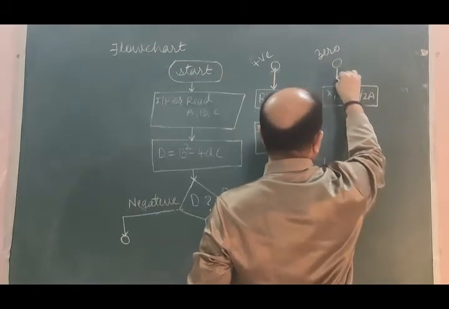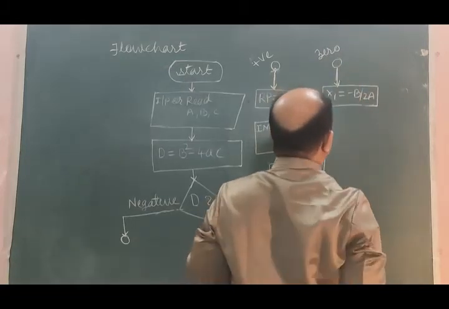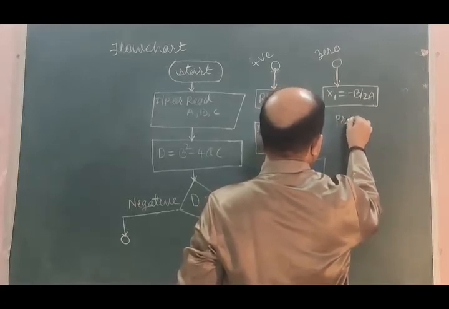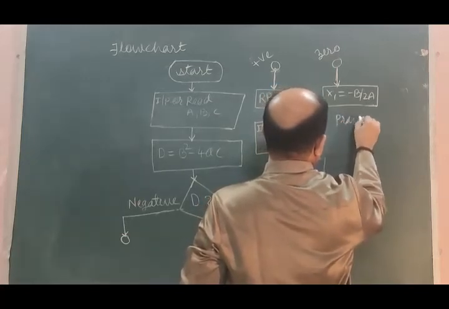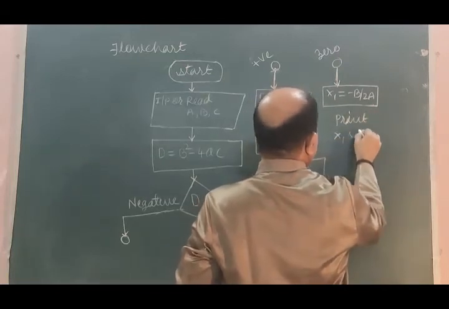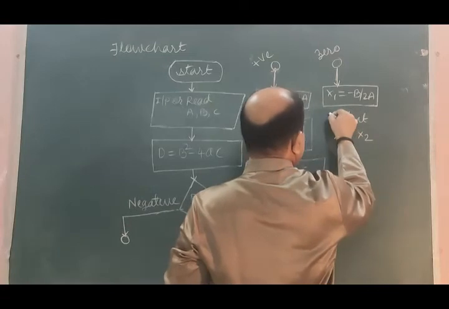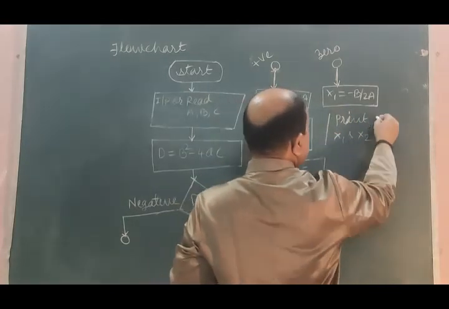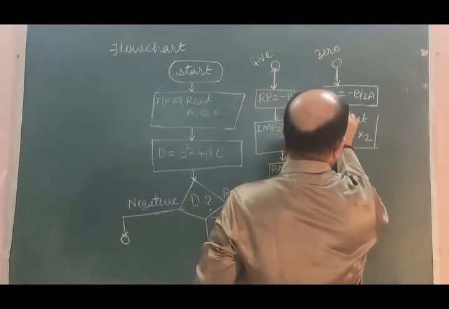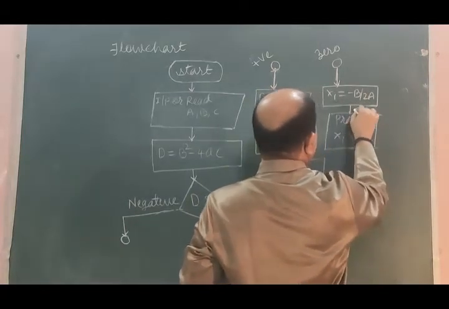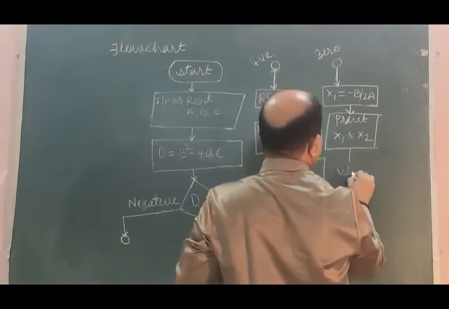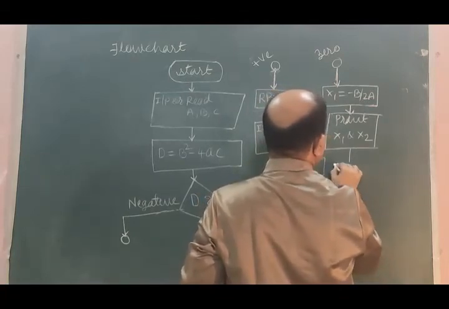The same is true for x2. So next one is print x1 and x2. Include this in a parallelogram, and finally stop.